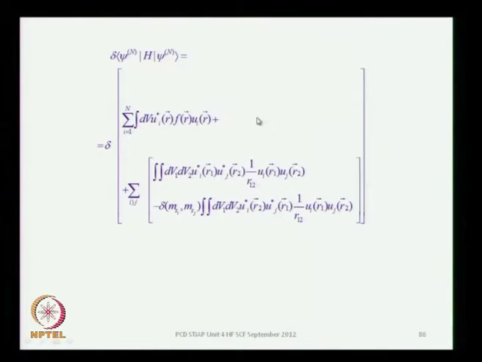We know that there are additional terms which will come from the Lagrange's multipliers, so they will be plugged in later. At this point I am focusing attention only on the variation in the expectation value of the Hamiltonian alone, because they all come as additive terms as we have seen in the previous slide.